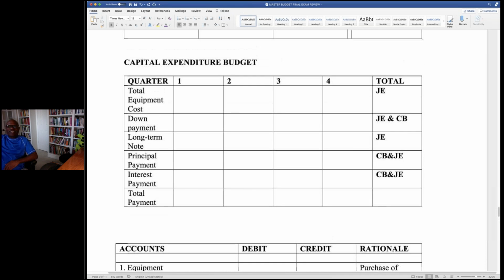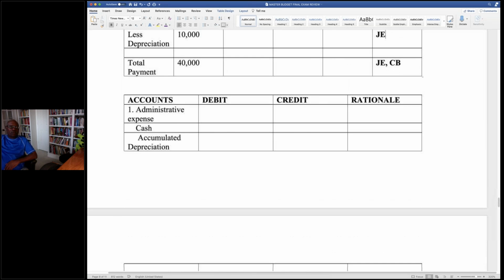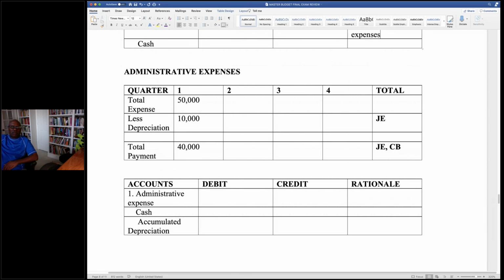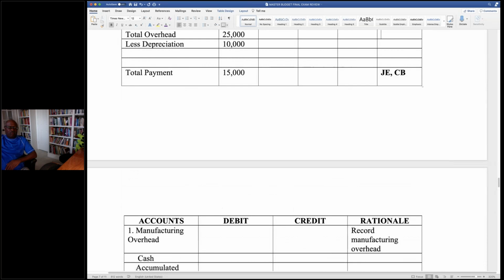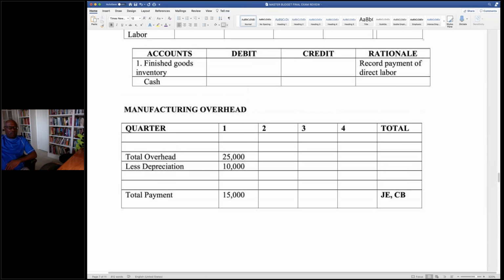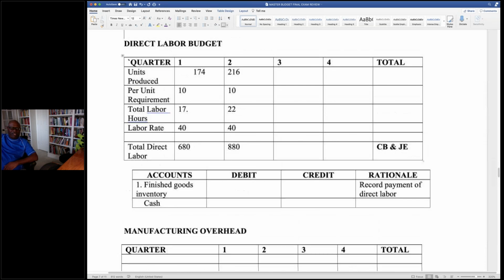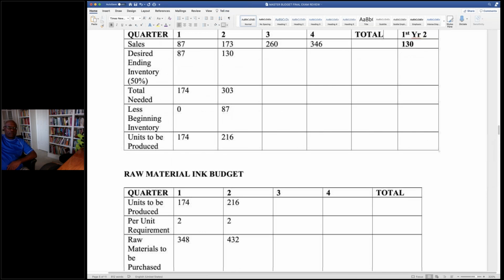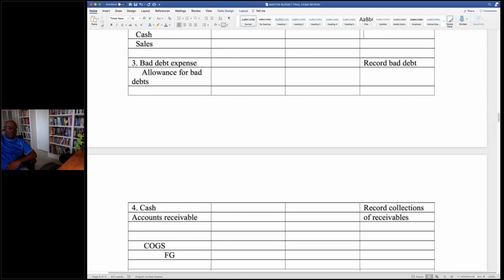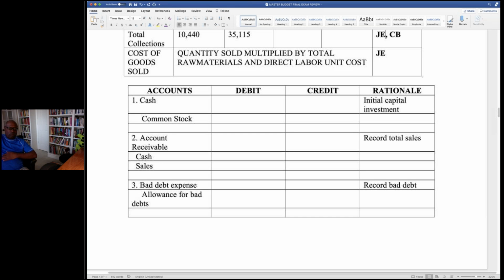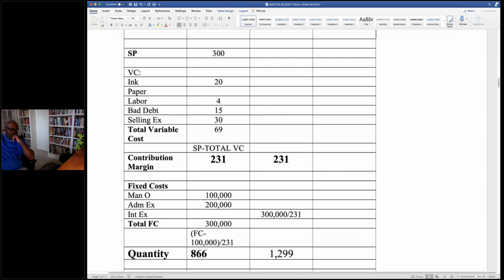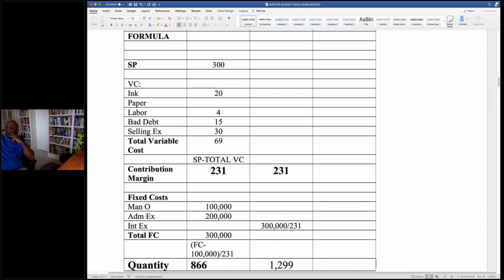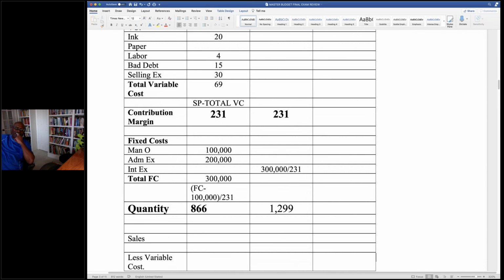Is it gonna be similar? Okay. No need to go that far back.